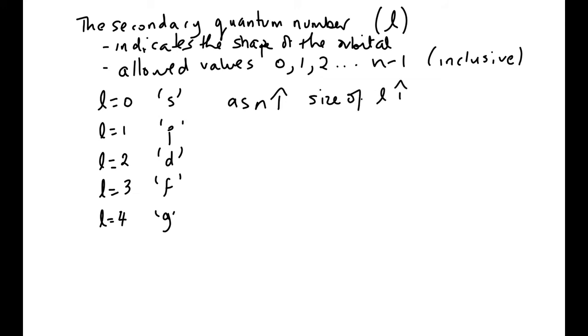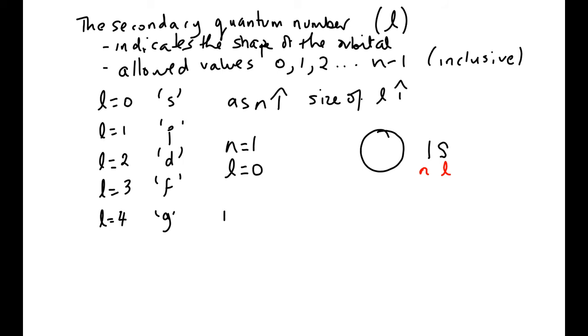So if n equals 1, the only value that L can be is 0, because it cannot be higher than n minus 1. 1 minus 1 is 0. So the shape of this orbital is actually a sphere, and this is called the 1s orbital. The 1 comes from the n value, the s comes from the L value.